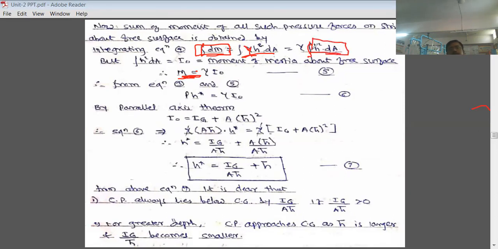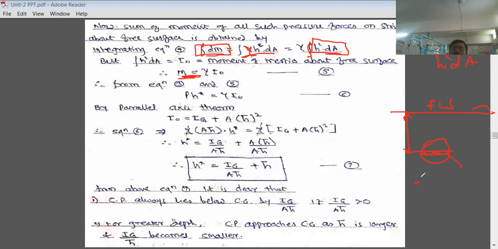Now if you look at this, what is h square dA? This h square dA is nothing but the second moment of area, or we can say the moment of inertia of this small strip. एक छोटी जी स्ट्रिप आहे, ह्या छोट्या स्ट्रिपचा मोमेंट ऑफ इनर्शिया आहे अबाउट दिस फ्री लिक्विड सरफेस. हा जो एरिया आहे त्याचा मोमेंट ऑफ इनर्शिया आपल्याला काढायचा तर काय करावं लागेल?